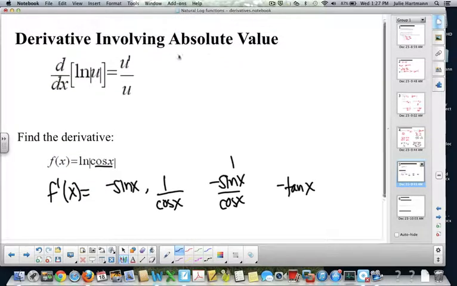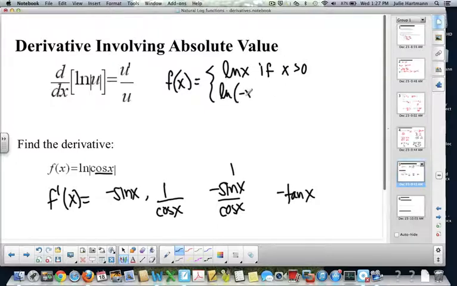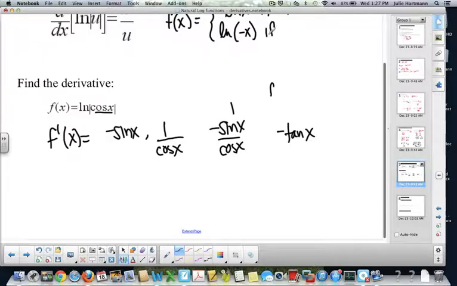So basically, when you have an absolute value, f of x right here equals ln of x if x is greater than 0, or it's the ln of negative x if x is less than 0.